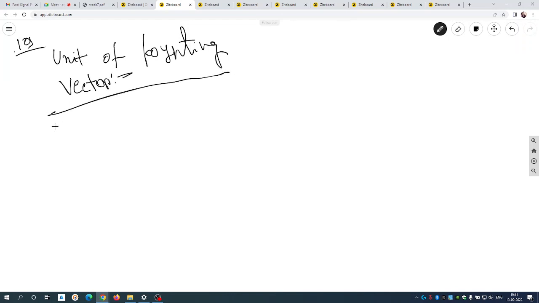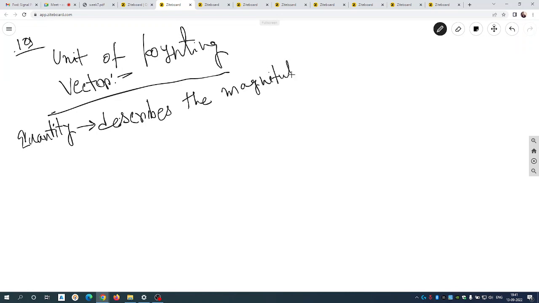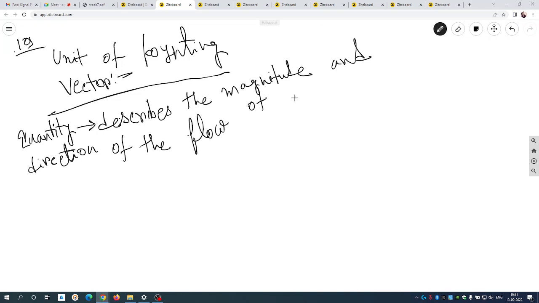So pointing vector is the quantity that describes the magnitude and direction of the flow of the energy in EM waves.